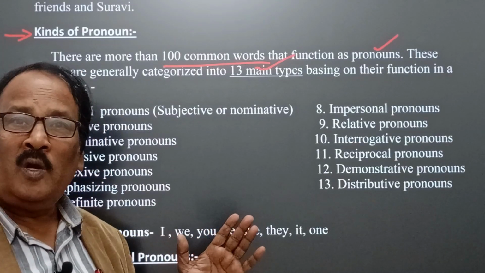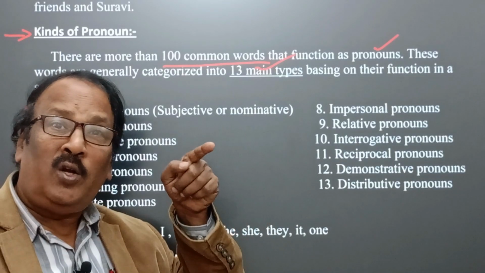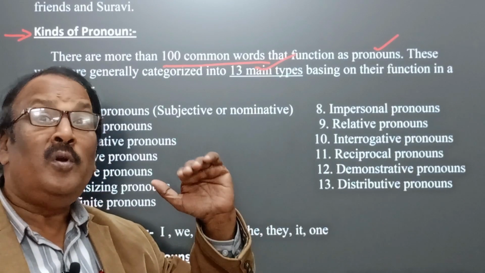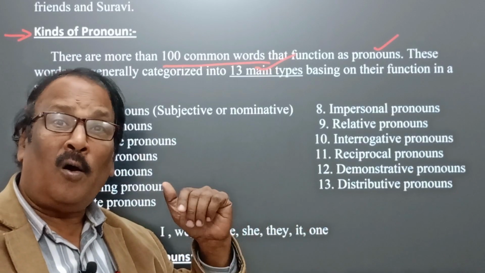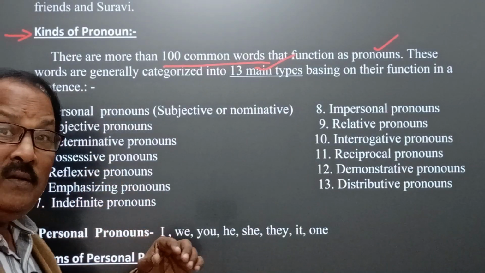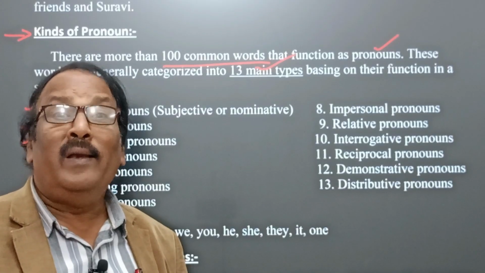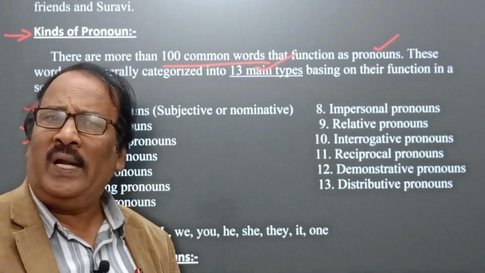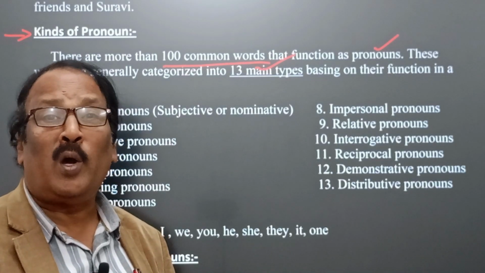Third, determinative pronouns are the pronouns which are used to determine nouns just after them. They are also the possessive determiners or possessive adjectives: my, our, your, his, her, its, one's. These are the possessive determiners.